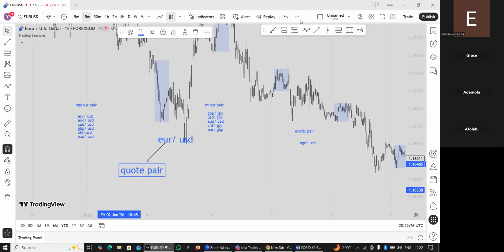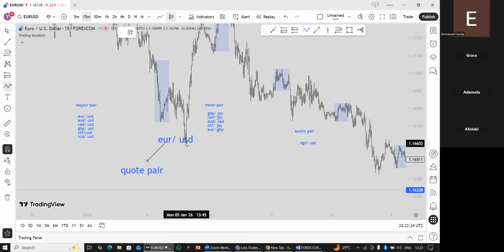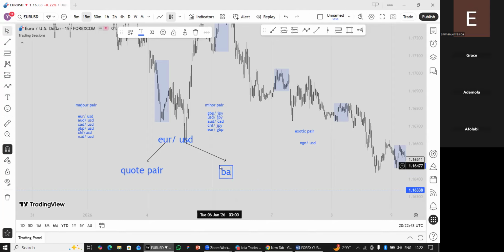While this one that is always at the end, JPY, is known as the base pair. I'll write it out. The base pair. So quote and base.